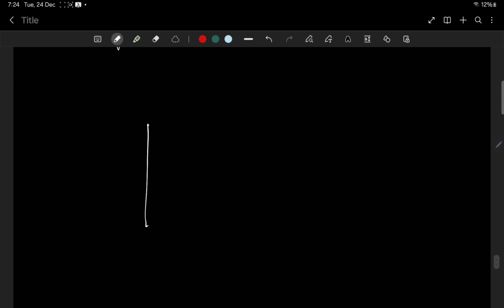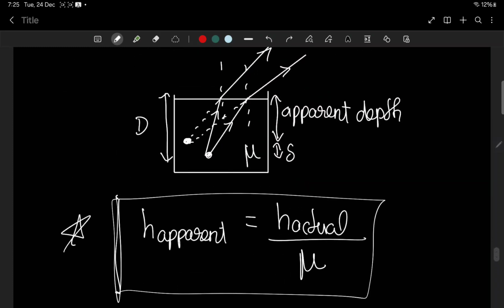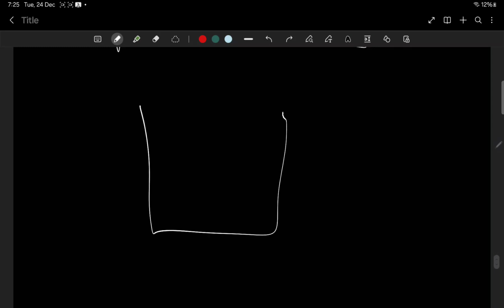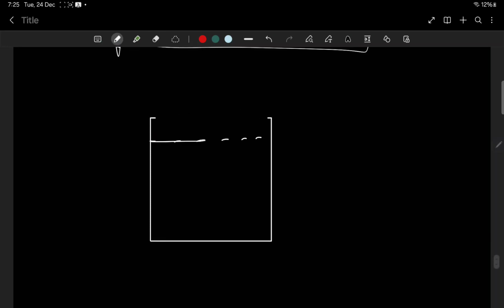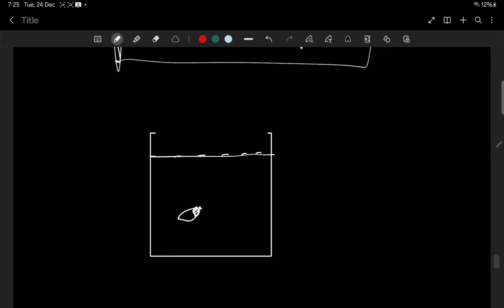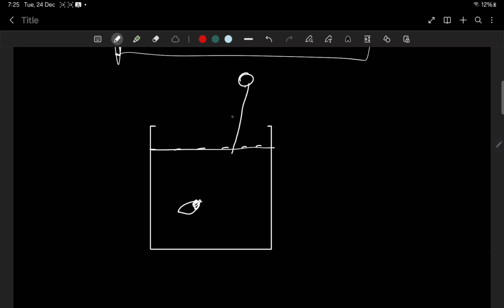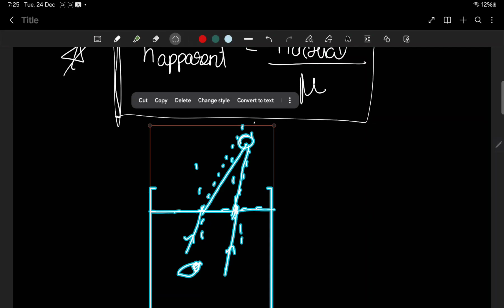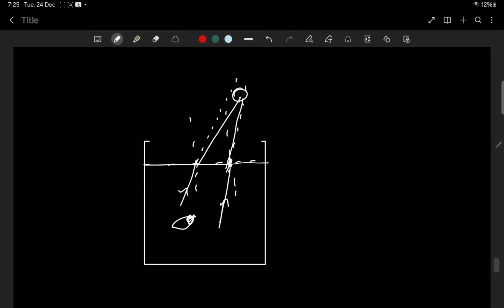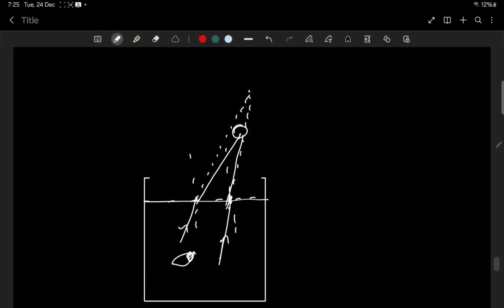Okay, this is the formula, refractive index mu. Now if the condition was really opposite, that is, a person is inside the water, the eye is here inside the water, and he is looking at something in the sky, and two rays from the sky are coming towards his eye, and he is seeing the image somewhere above the original body.